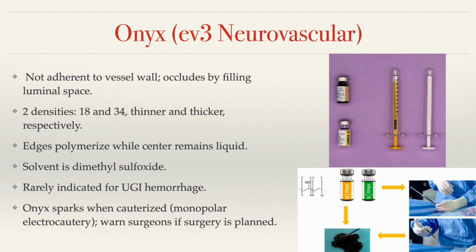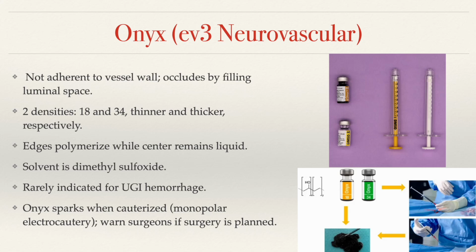Then you will have Onyx. Onyx is usually used in neuro embolizations. Onyx is a substance that is not adherent to the vessel wall. It will occlude by filling the whole space. There are mainly two densities, one is 18, the other is 34. 18 is thinner, 34 is thicker. The concept is the edges will polymerize, however the center will remain liquid and will take up the whole luminal space.